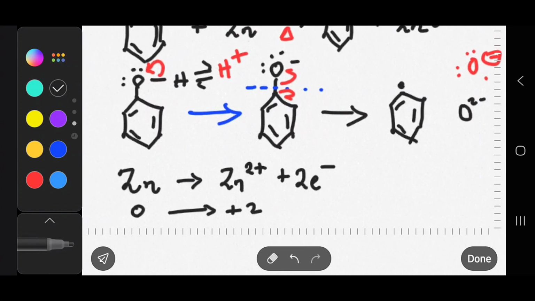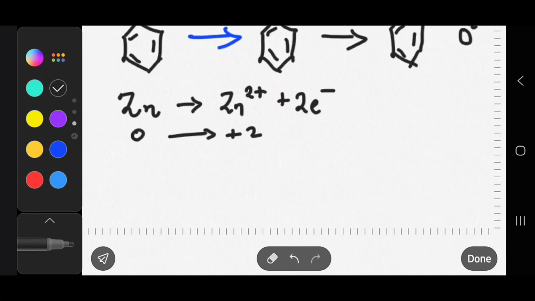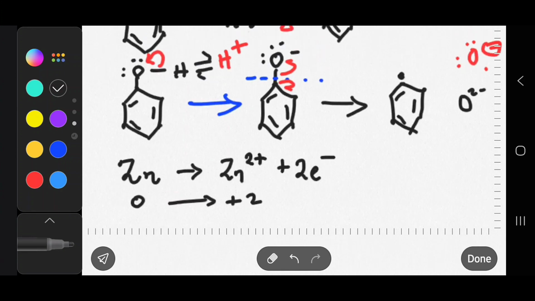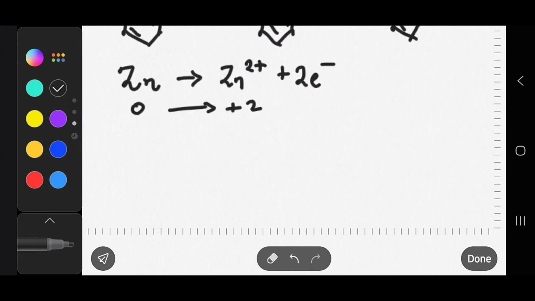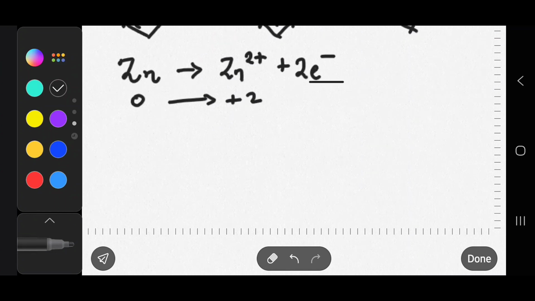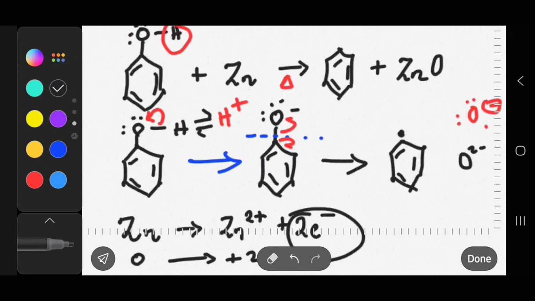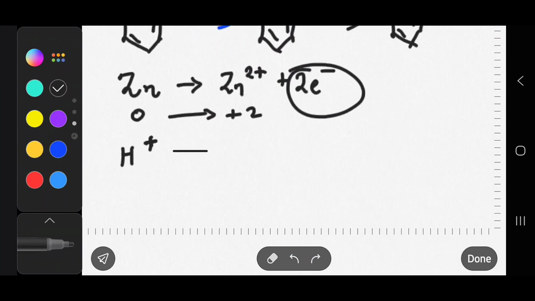Once that proton was generated, when oxygen withdrew the bonding electron in the hydroxyl group of the phenol, we're going to have zinc now donate one of its electrons to that proton. So the proton that was formed at the initial stage, this stage here, is now going to pick up one electron from the zinc.